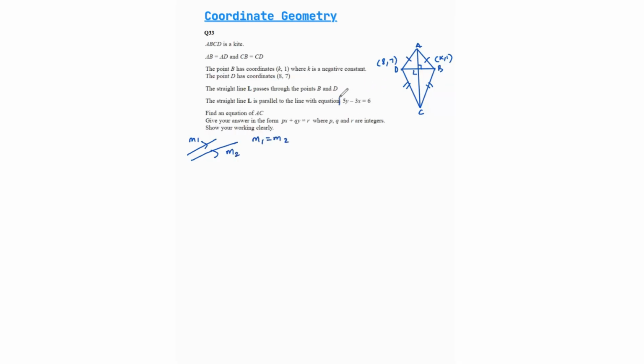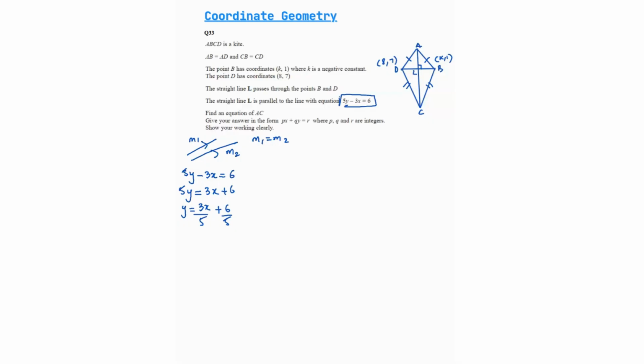So let's convert this into slope-intercept form to identify the gradient of this line. 5y minus 3x equals 6. Let's move 3x to the other side, so it's going to be 3x plus 6. Then divide both sides by 5. So we're left with y equals 3 over 5 x plus 6 over 5.